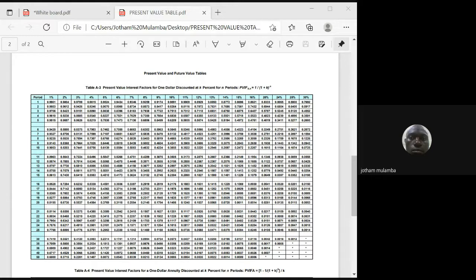For industry, we usually use this method to evaluate if it's viable to invest in that project, especially after computing the cost of capital. The topic we are moving on to now will be cost of capital.